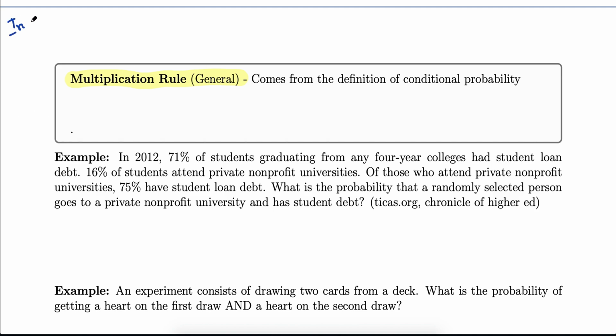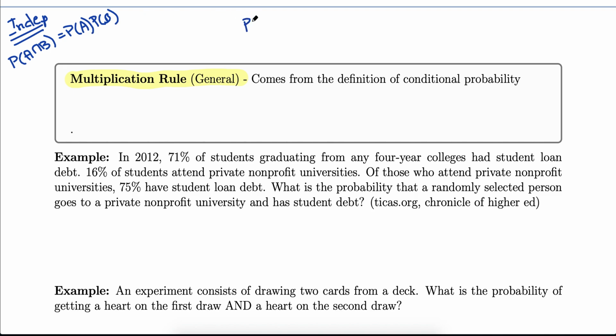We had if the events are independent, then the probability of A and B can be found by simply multiplying the two probabilities together. But we said that's only true if the events are independent. Many scenarios are going to be covered where they're not independent. Think of our home team advantage across different sports, where we need a rule that will work more generally.